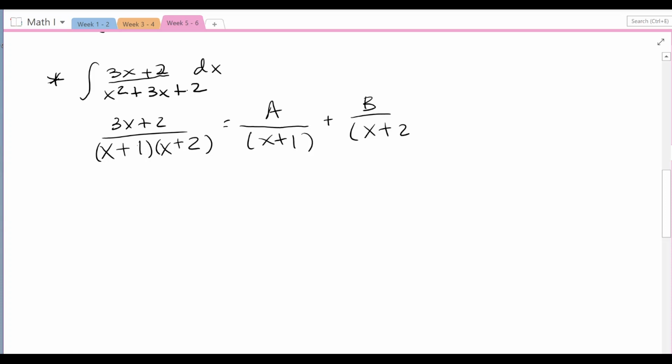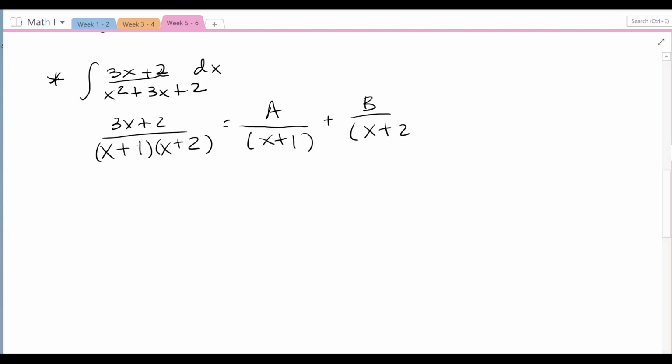So moving on, in this case you can proceed by multiplying both sides by the denominator. In this case the denominator is x squared plus 3x plus 2, or the term in the bottom here.